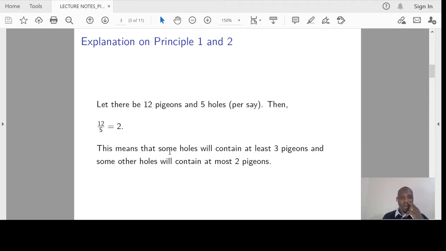This means that some holes will actually contain at least 3 pigeons, and some other holes will contain at most 2 pigeons. Of course, we have pigeons which we cannot divide, so we have to take the whole number, and therefore some hole will contain at least 3 pigeons, others will contain at most 2 pigeons.